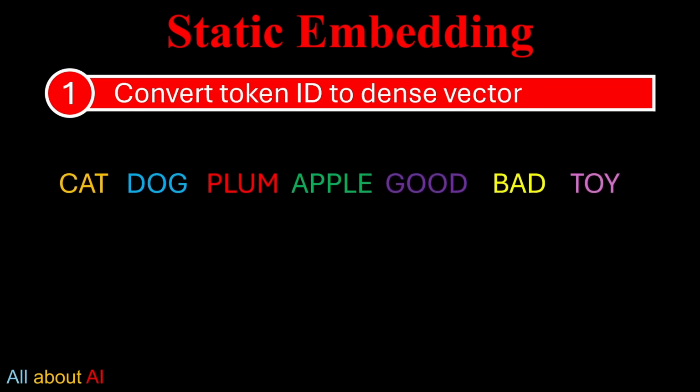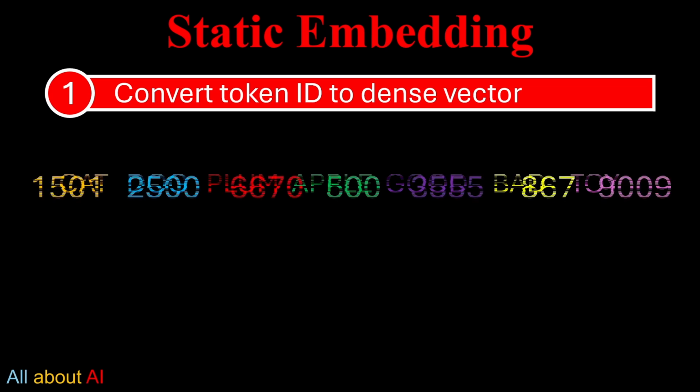So if you take an example of a few words like cat, dog, plum, apple, good, bad, toy, based on vocabulary, we'll assign some token ID to these words. It's based on the tokenization that we are going to use.